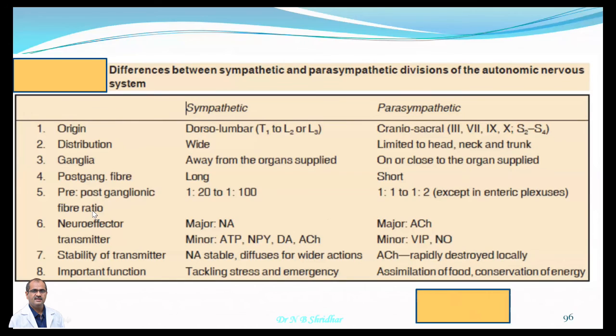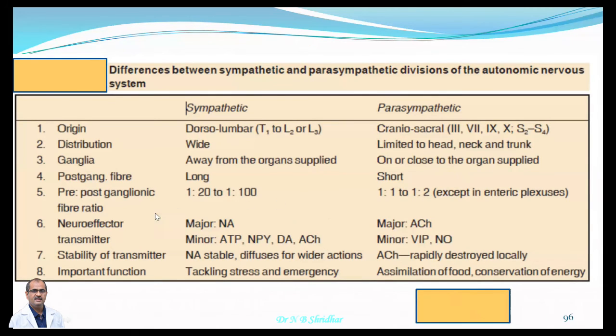The pre to post ganglionic fiber ratio is 1 to 10, 1 to 20 or 1 to 100 maximum, whereas it is less in the parasympathetic, 1 to 1 or 1 to 2, except in some plexuses where it is 1 to 8,000 or 1 to 1,000.